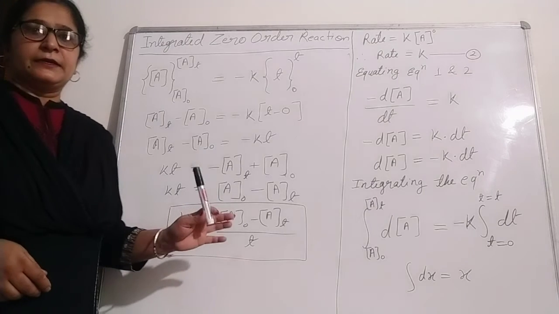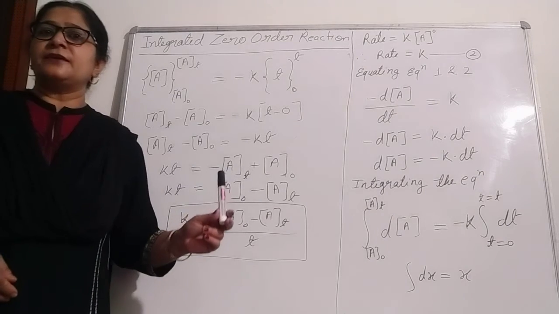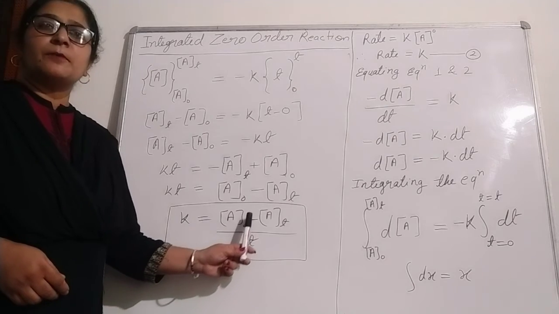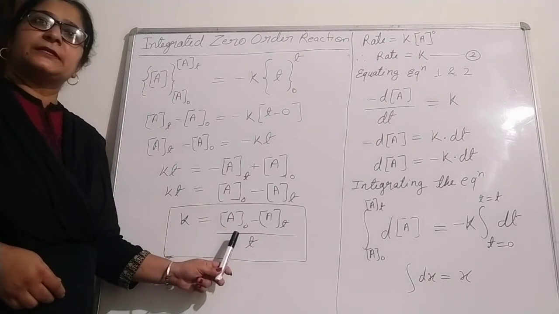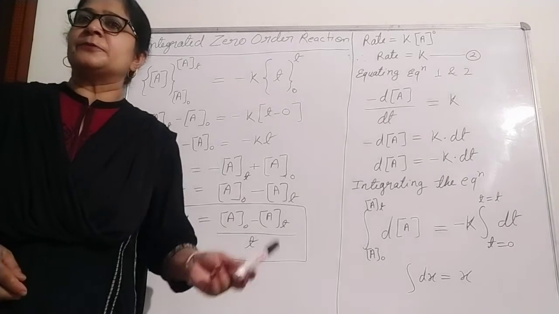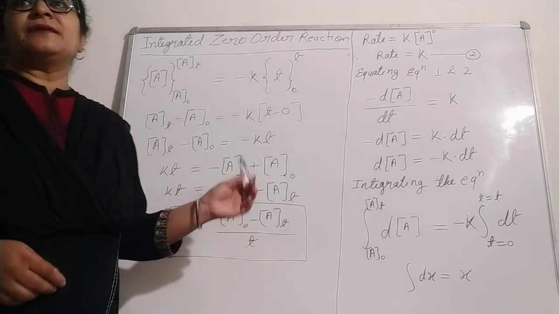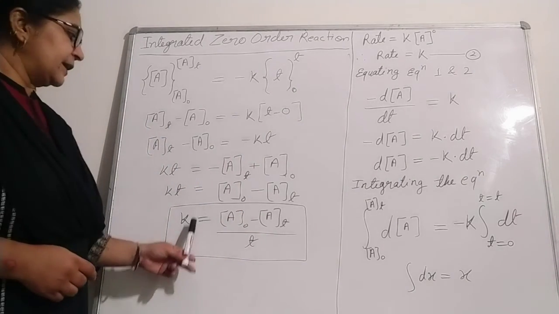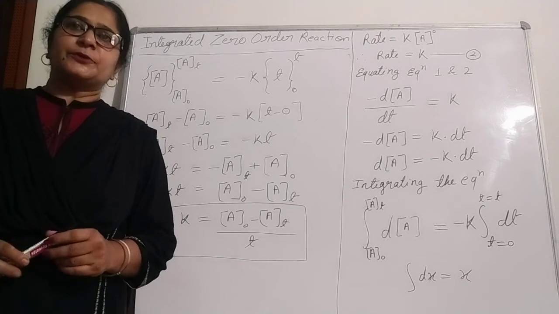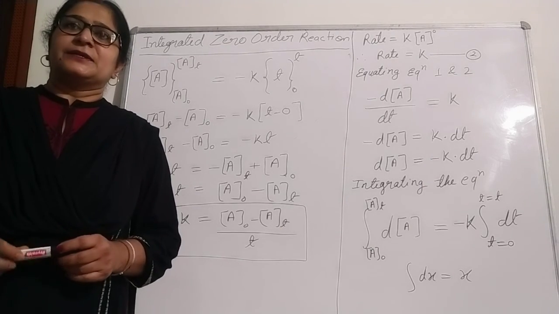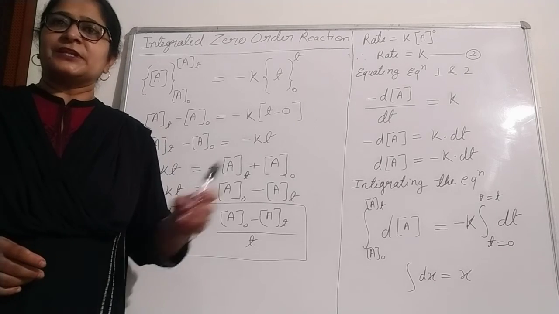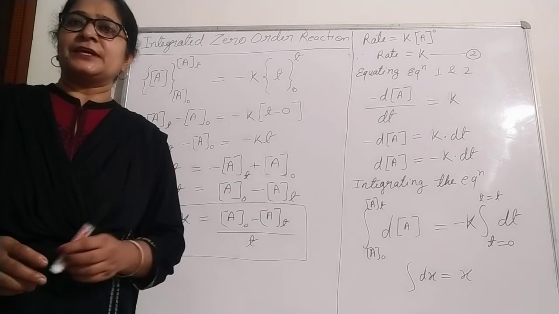Simple. And this equation can finally be written as K is equal to A naught minus At upon t. So this is the final equation that we have got, a relation for the rate constant of a zero order reaction. I hope you have understood how to derive the equation for the rate constant for a zero order reaction.